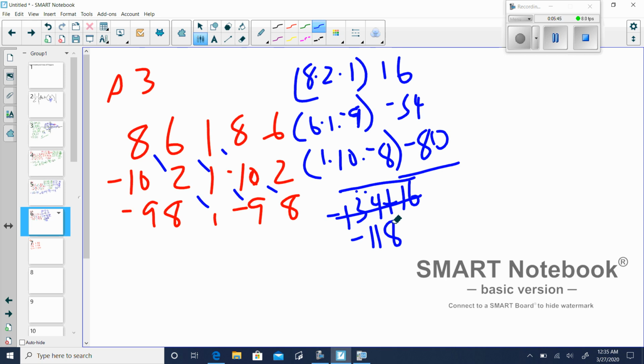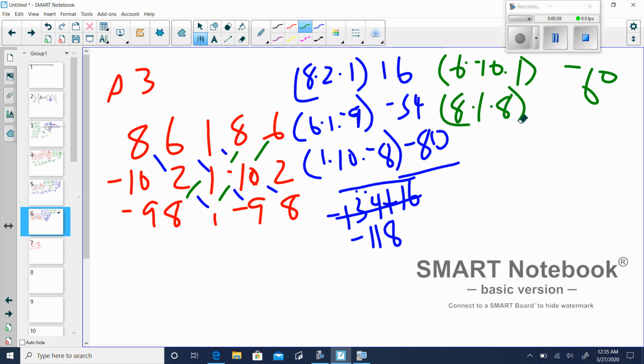And going from right to left, 6 times negative 10 times 1, negative 60, there we go. 8 times 1 times 8, 64. And then 1 times 2 times negative 9, negative 18.